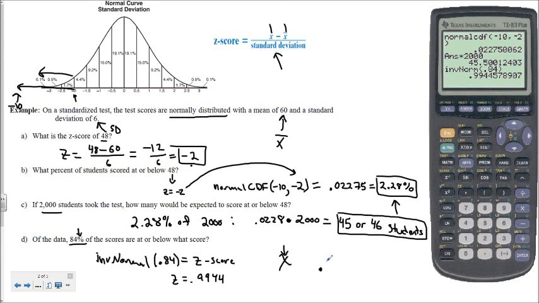The z-score, this value is 0.9944, which is equal to my observation x minus the mean, which we know to be 60, over the standard deviation, which was given to be 6.